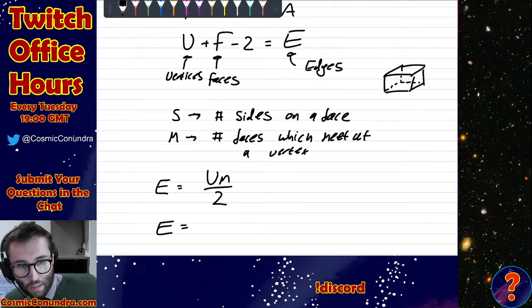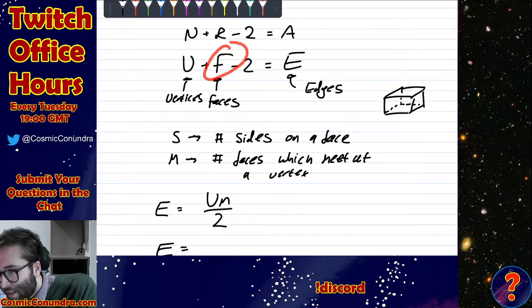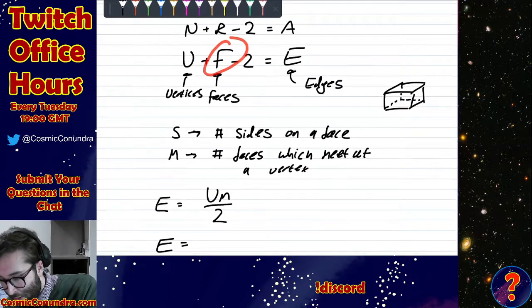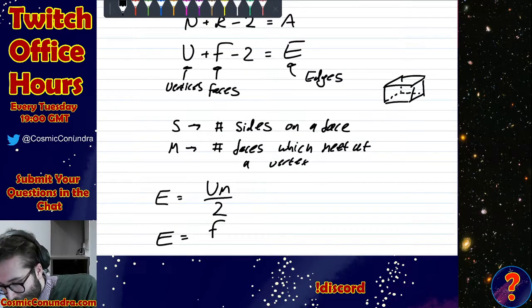What's something else we can do for the number of edges? Well, something else we can do is take the number of faces in total that make up this shape, and then think about the number of sides each shape has. Okay? So that is f times s.